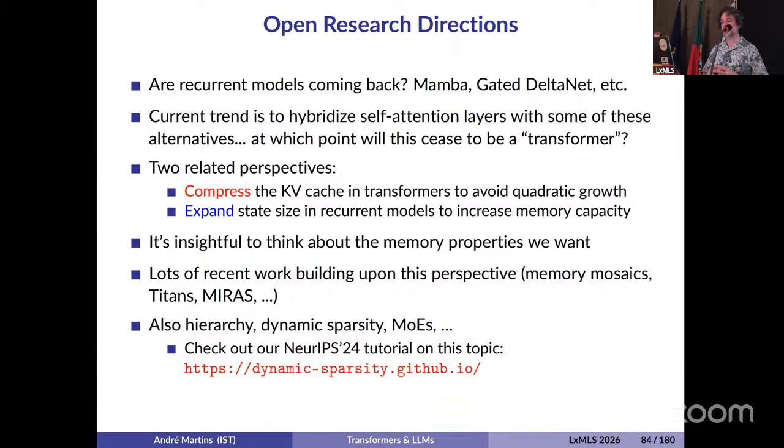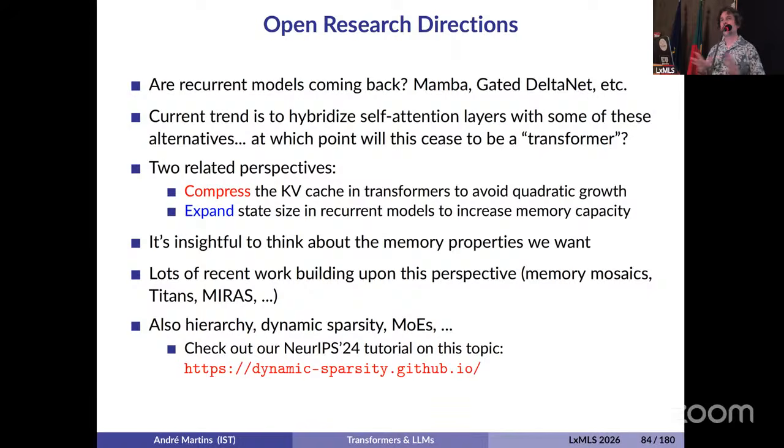There are two related perspectives, coming from both sides. You can think about making transformers more efficient by compressing the KV cache, compressing the memory to avoid quadratic growth. If you come from the side of recurrent neural networks, or Mamba, the bottleneck is different, right? A single vector is too little to encode all the memory.